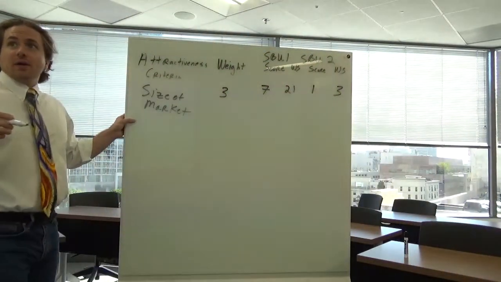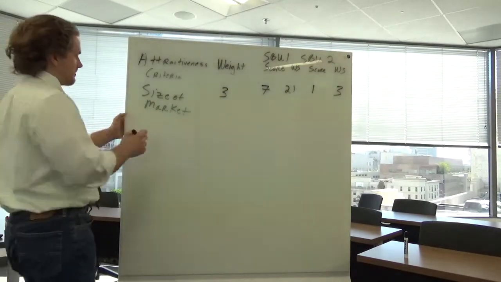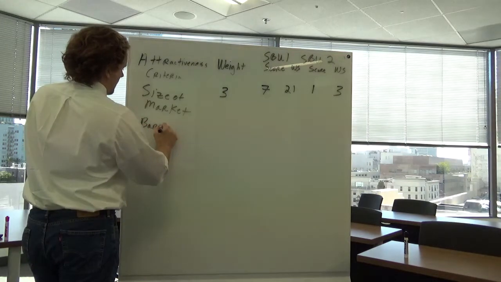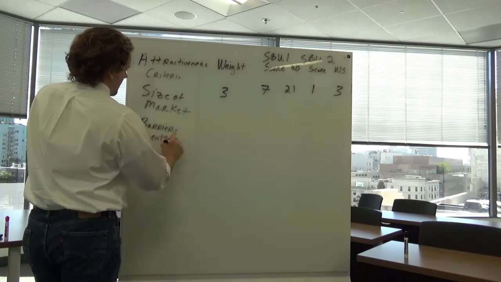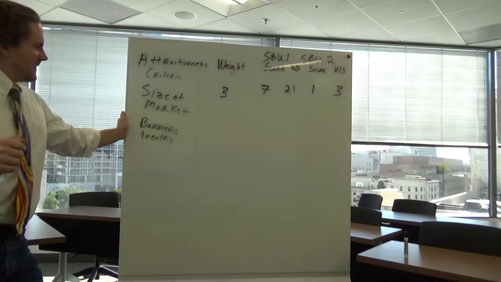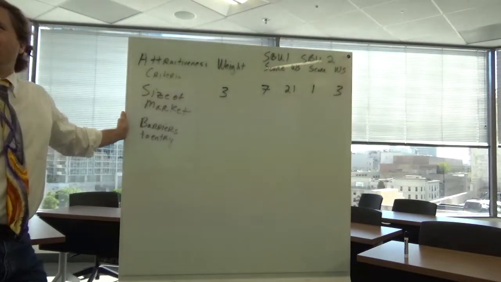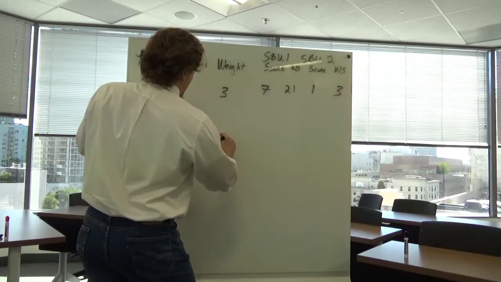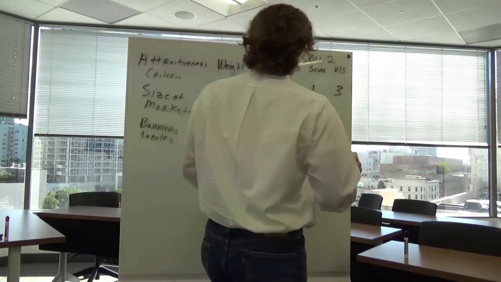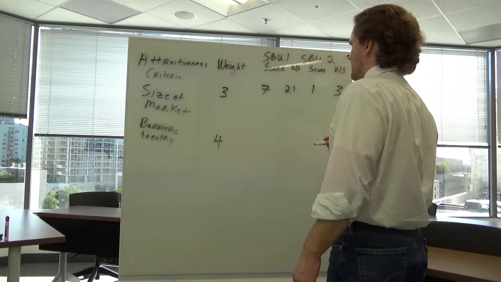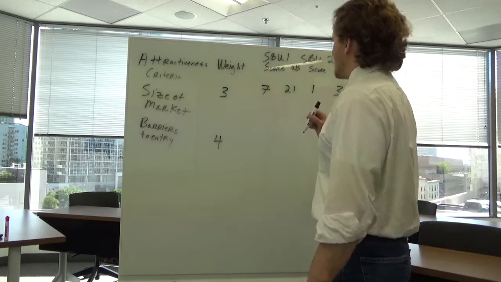Let's look at another one. High entry barriers might be a good one. So entry barriers, we would say with a lot of the 3M stuff, that's pretty important. So let's give that like a 4. And we'd say that, let's see, we're doing stickies.